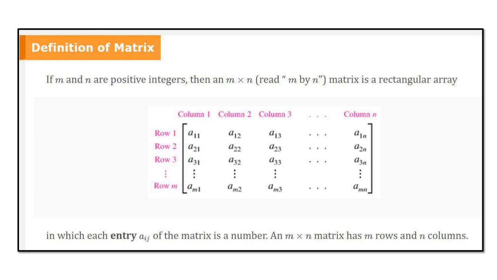Now, a little bit more official definition of a matrix is, again, you have a rectangular array, and the reason why this holds information in order is because the matrices are arranged in this format. We have rows and columns, okay?